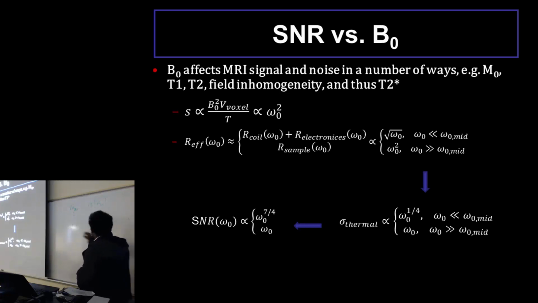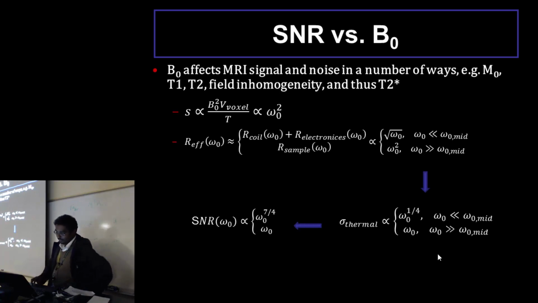If you take the square root of that, sigma is proportional to square root of omega naught squared, so sigma is in turn proportional to omega naught. You can see that? So that's given here.